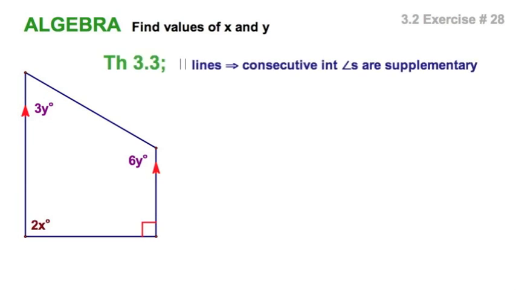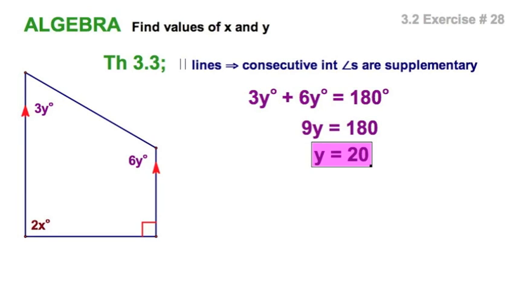That sounds like a job for Theorem 3.3. We know these angles in both cases are supplementary, so we'll set this expression 3y degrees plus 6y degrees equal to 180. We'll drop the degrees and just go to algebra here, and therefore 9y is 180, and you know the rest. Y is 20.